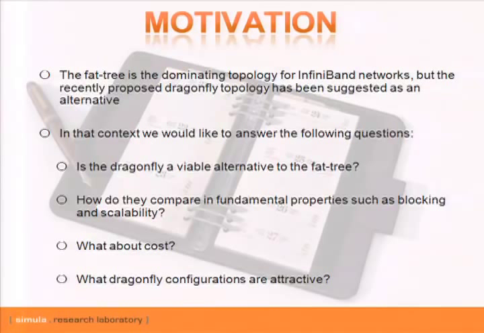How do they compare in fundamental properties such as blocking and scalability, and not least, what about the cost? And what are attractive dragonfly configurations? Here in particular, I have the group topology in mind.